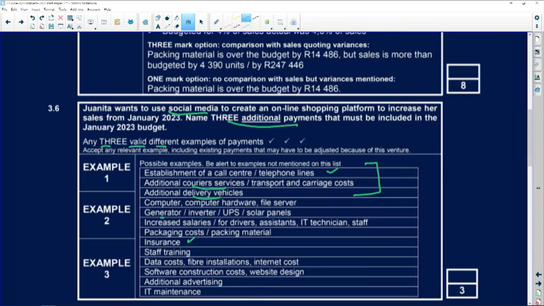Then insurance, another item that you could mention, and then in terms of your staff, training them, the cost of installing fiber, your internet cost and so on, designing that online advert, or if it was a web page, additional advertising, IT maintenance. So any 3 examples, as long as your examples are different as well as relevant. And I think we are now done with question 3 on budgets.